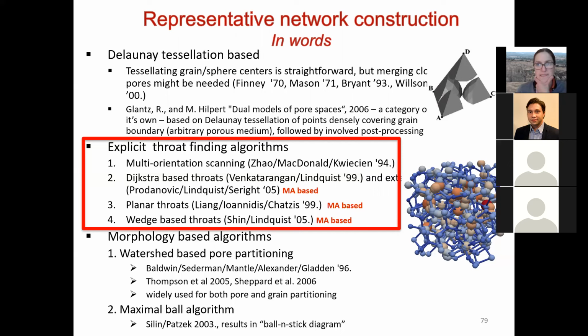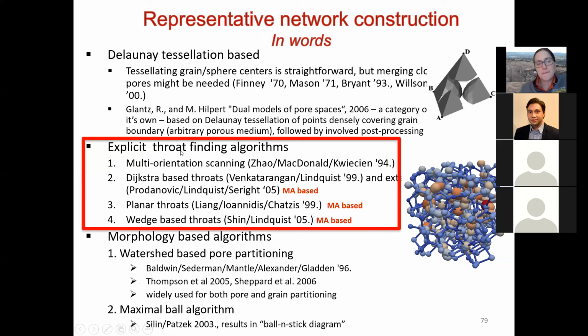We're not going to practice them because I have frankly gotten a lot of practice, because watersheds were not really developed, or really easily and readily available for sandstones at the time when I was in graduate school. So I spent a lot of time analyzing results of these explicit throat finding algorithms.